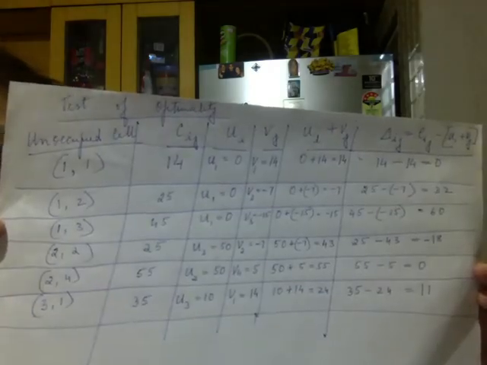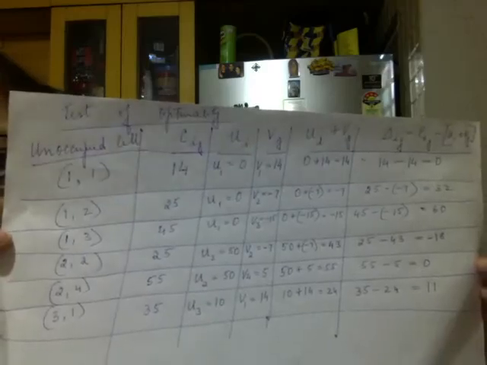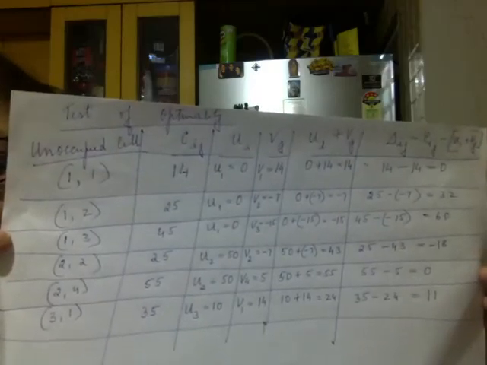Since we got one negative in the net cost of unoccupied cells, the solution doesn't become optimal.